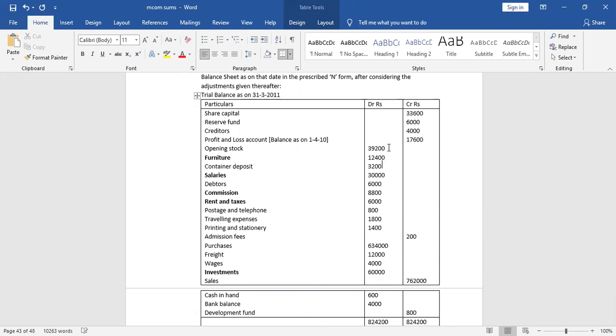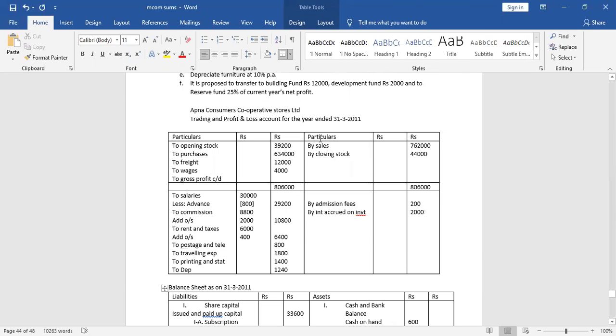I thought it was a mistake in the question. In the textbooks there are a lot of mistakes, especially in MCom textbooks. So tell me what you're getting. 1,16,800. Okay, thank you. This is the gross profit, 1,16,800.